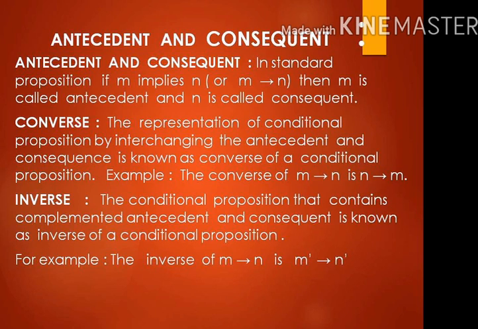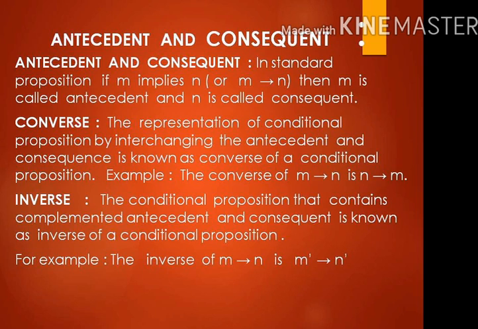What is converse? The representation of a conditional proposition by interchanging the antecedent and consequent is known as converse of a conditional proposition. Example, the converse of m implies n is n implies m.